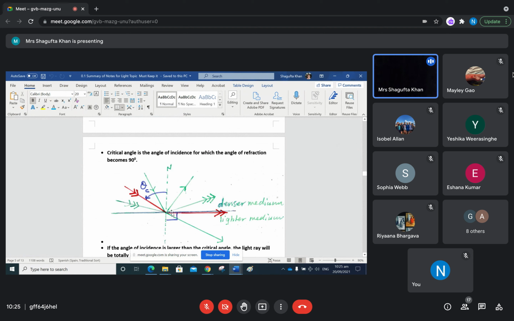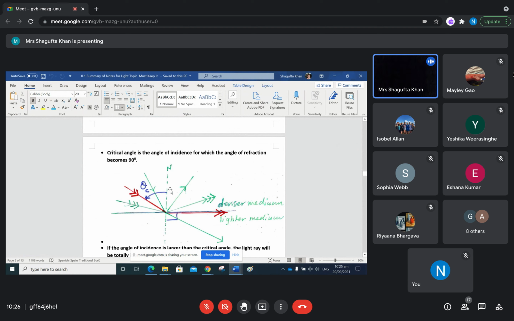So for the red ray, if we shine the ray from here, it will go along here. That means the angle of refraction is becoming 90 degrees. And if the angle of incidence is larger than that, then total internal reflection will take place. So ray number 3 does not come out into this medium. It goes back at an equal angle.